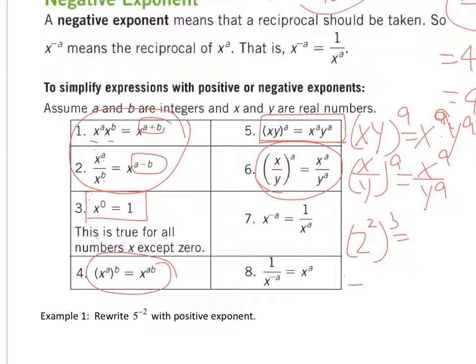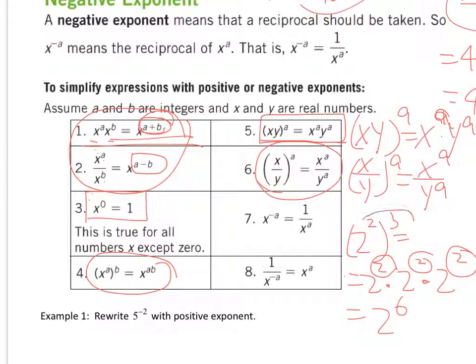It means I have the product of 2 squared times itself, right? Then we just mentioned when you have them in multiplication, you add the exponents, so you add 2, 2, 2, and it's going to be 2 to the 6. What do you do between 2 and 3 to generate 6? You multiply them. So that explains this rule.